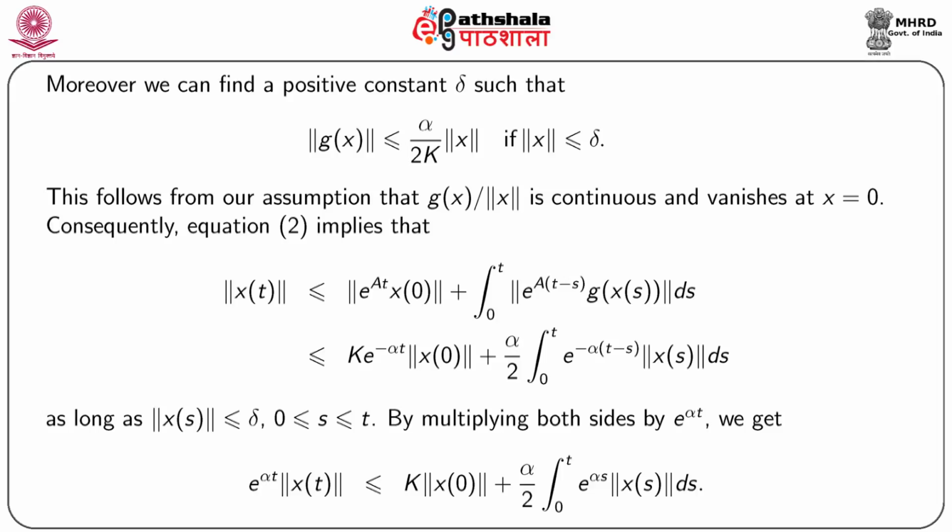By multiplying both sides by e^(alpha t), we get e^(alpha t) norm of x(t) is less or equal to k times norm of x(0) plus alpha by 2 integration 0 to t e^(alpha s) norm of x(s) ds.